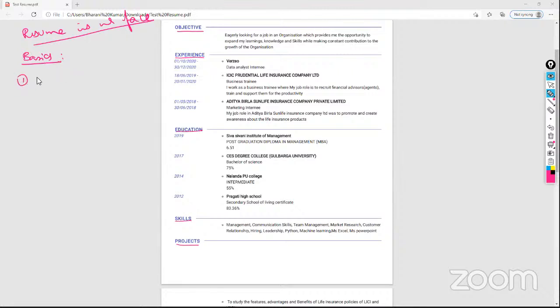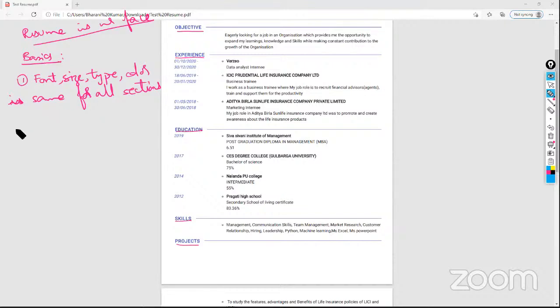Number one, ensure that the font, the font size, the font type and the color are the same for all side headings, or for all sections rather. Very, very important.